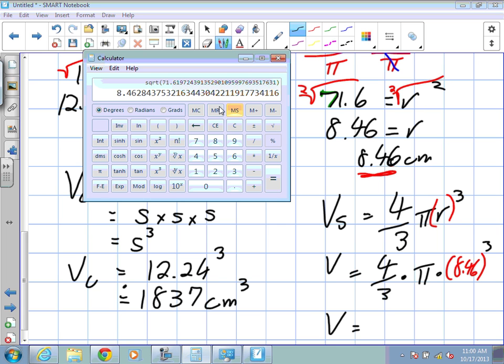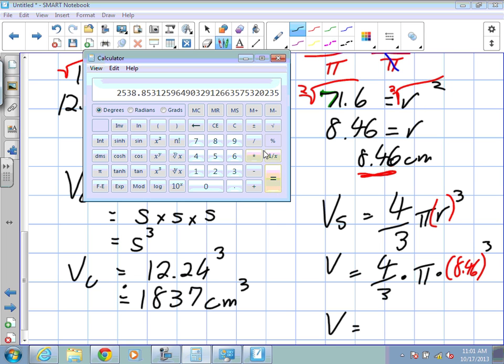We cube it, then we multiply by pi, and then we need to multiply by 4 over 3. So I need to multiply by bracket 4 divided by 3, end bracket. Okay, so it's that number.